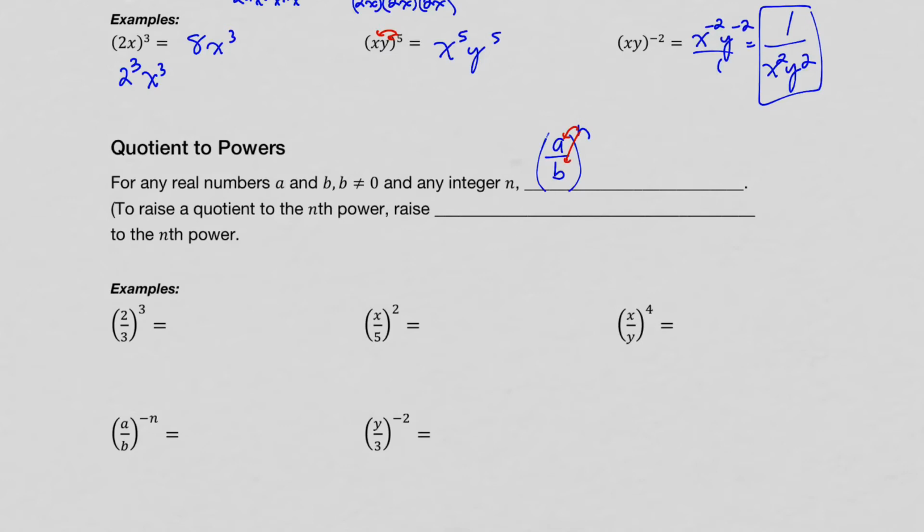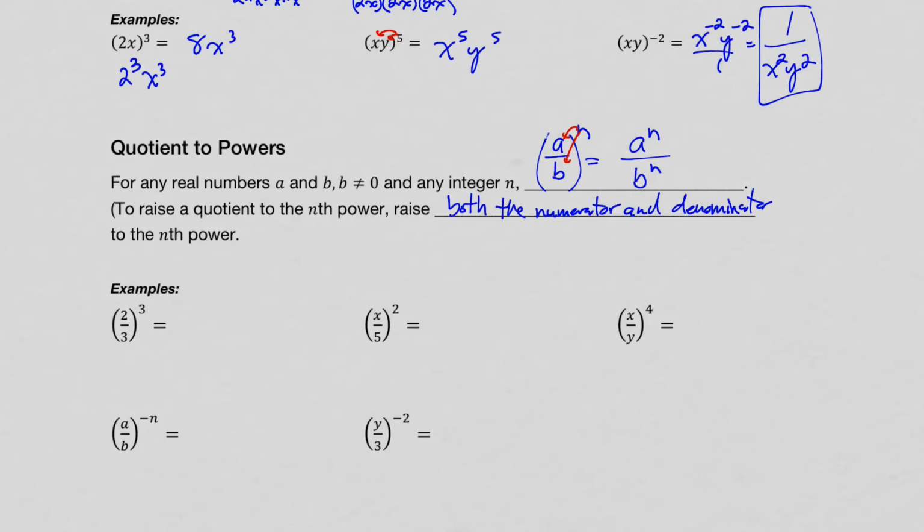In this case, there's only 2 different bases, so they're both going to get the n power. To raise a quotient to the nth power, raise both the numerator, whatever it happens to be, and denominator, whatever it happens to be, to the nth power.